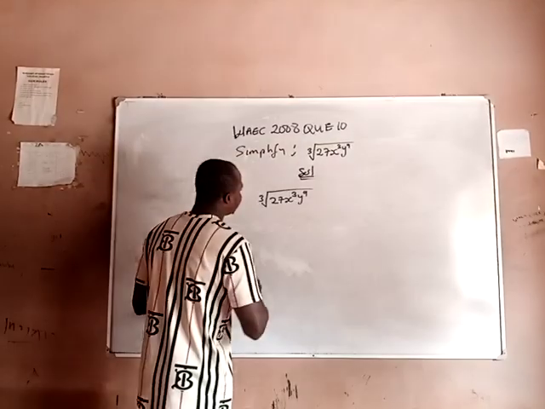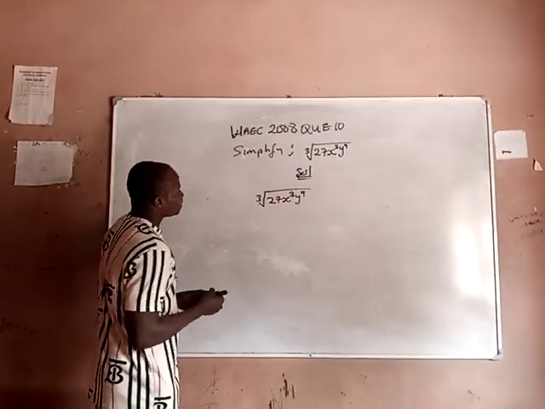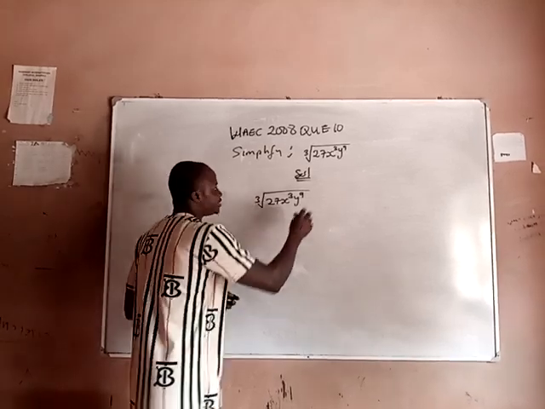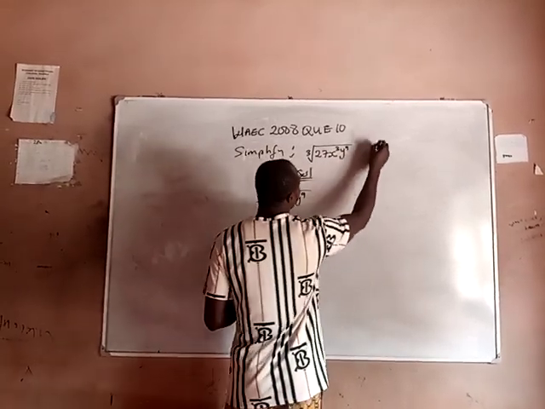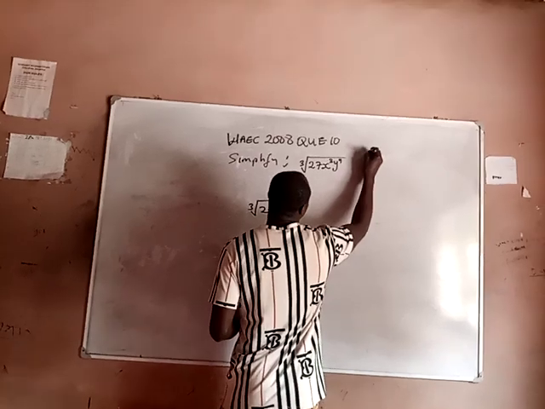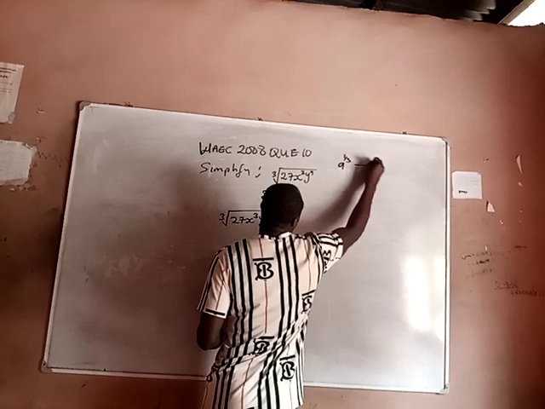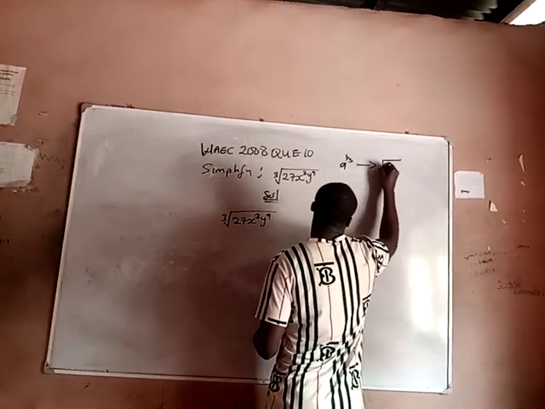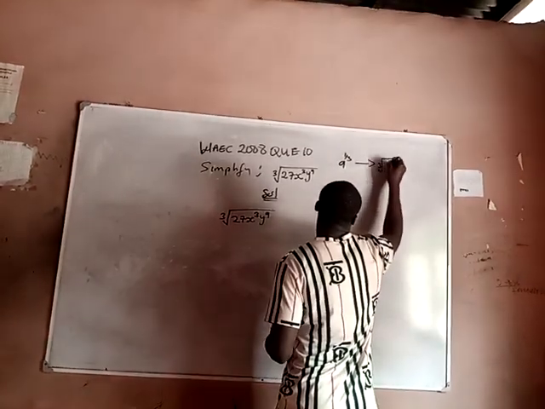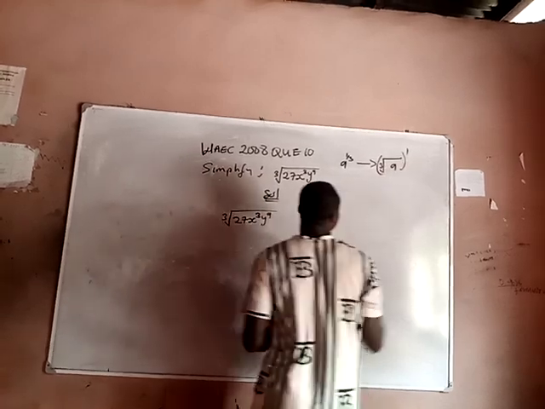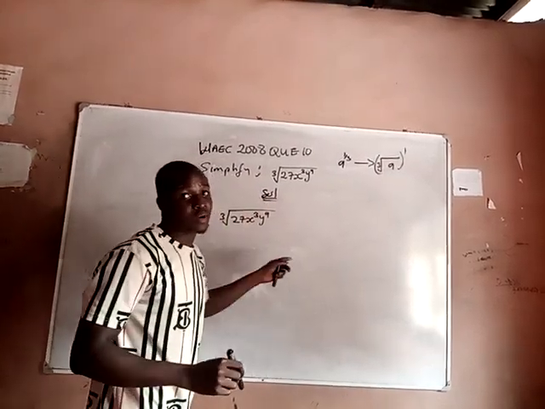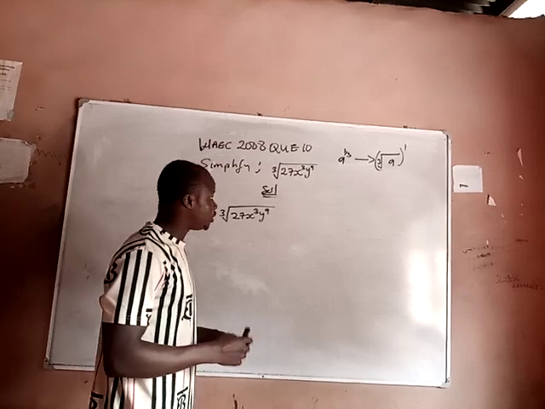Do you know that if you have a raised to the power 1 over 3, it turns to the cube root of a? This is the root-power, fractional index relationship.